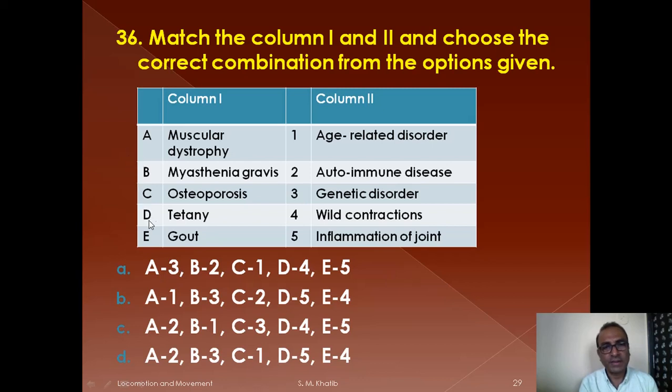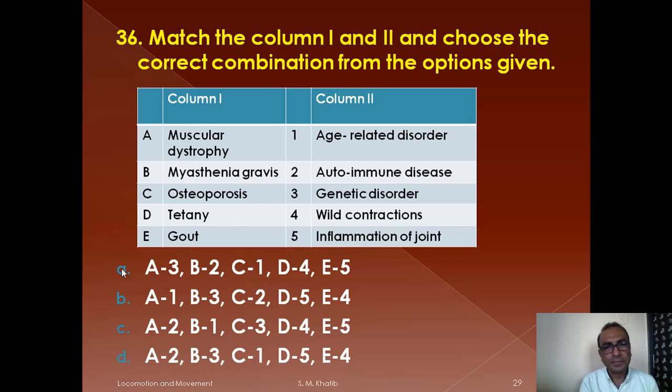Let's see whether the remaining options are correctly matched. B, myasthenia gravis, is autoimmune disease, that is correctly matched. Then osteoporosis, age-related disorder, so correctly matched, C1. Tetany is wild contractions, okay, as we have seen in case of tetanus, where the muscles wildly undergo contraction.